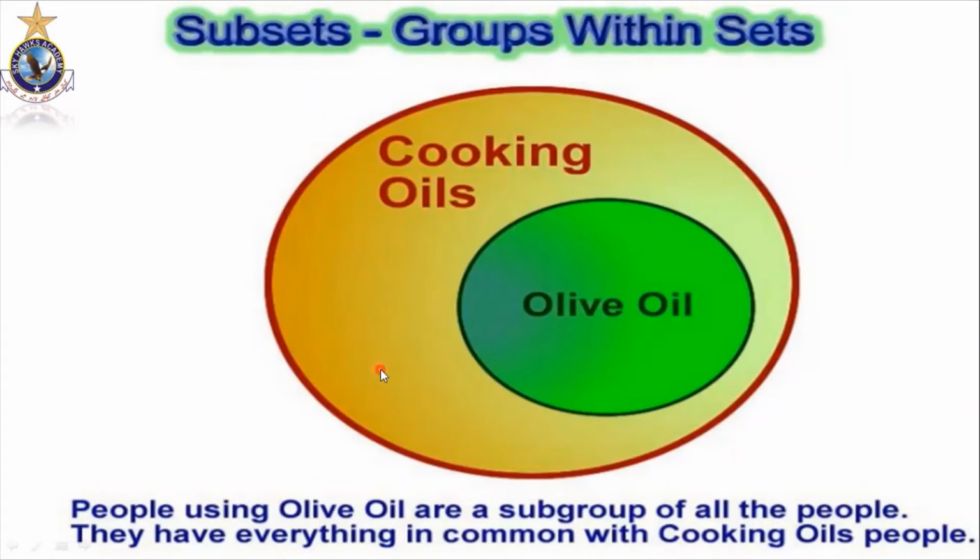So from this diagram, we can say that the subset must be included in the bigger set. If there are two things, and one is the subset of the other, it must be included in that, it must be part of that thing. So that's why this olive oil, this light greenish color, is representing this circle.